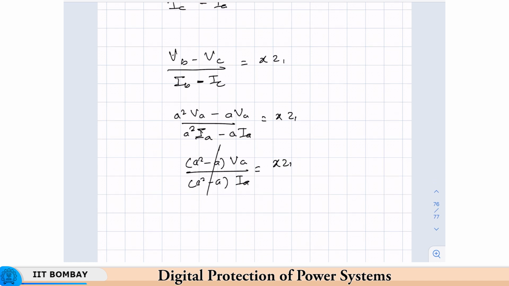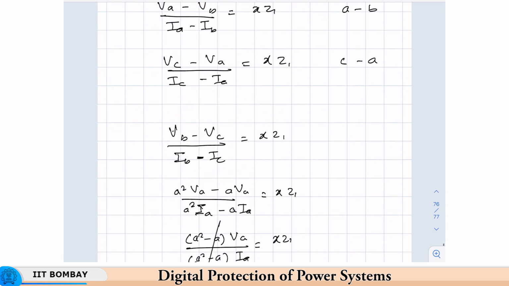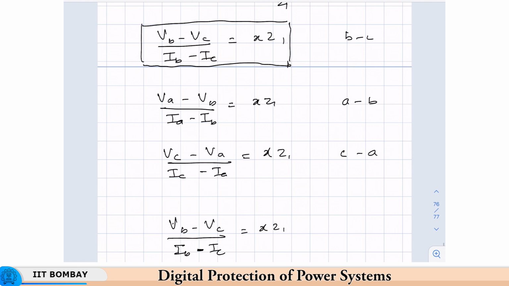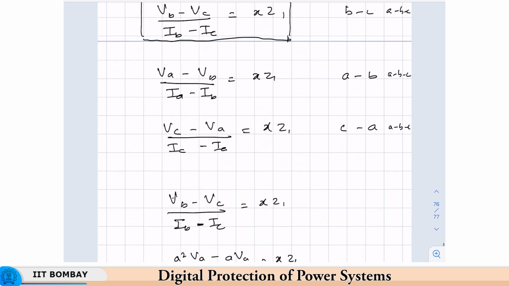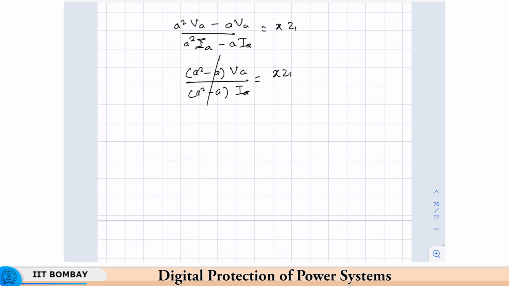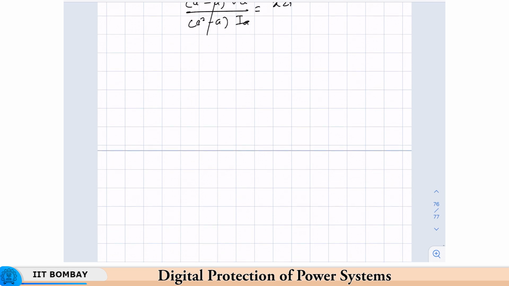So let's look at a single line to ground fault. Now there is an additional assumption that we make here in the single line to ground fault, that the pre-fault load currents are 0, and say there is a fault on phase A at a distance x. So, no, I'm sorry, this is not A.